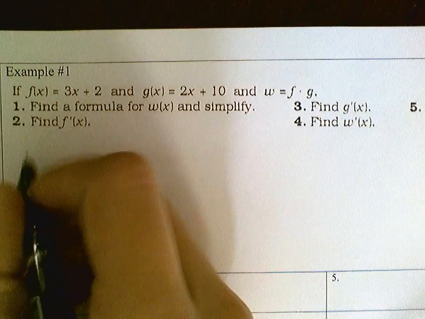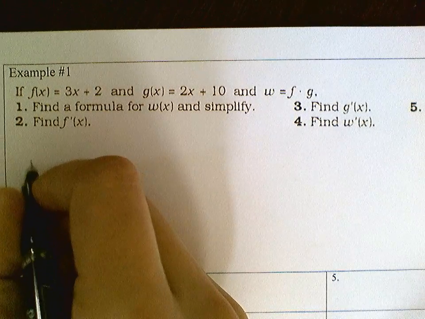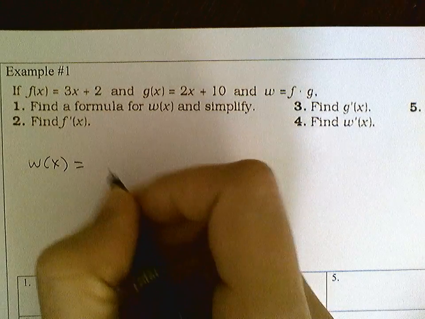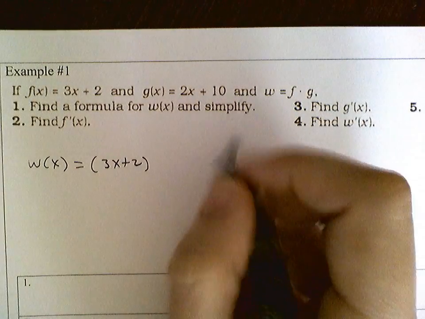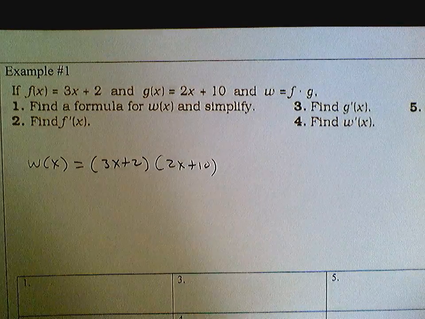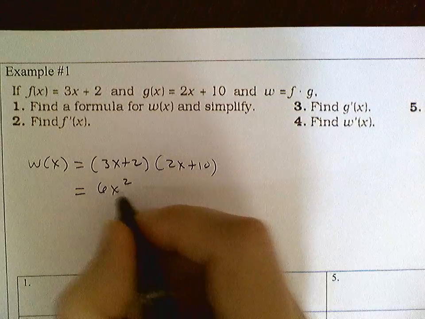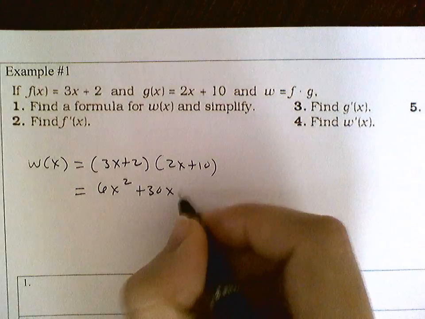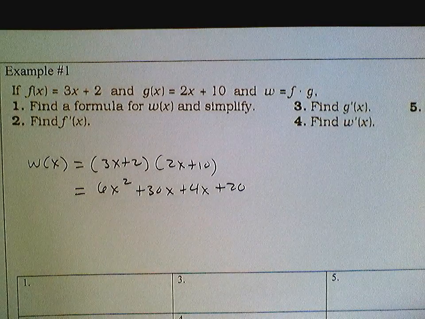Here's my work for 1. We know that w of x is f of x times g of x. So f of x is 3x plus 2, and g of x is 2x plus 10. I distribute and get 6x squared plus 30x plus 4x plus 20.